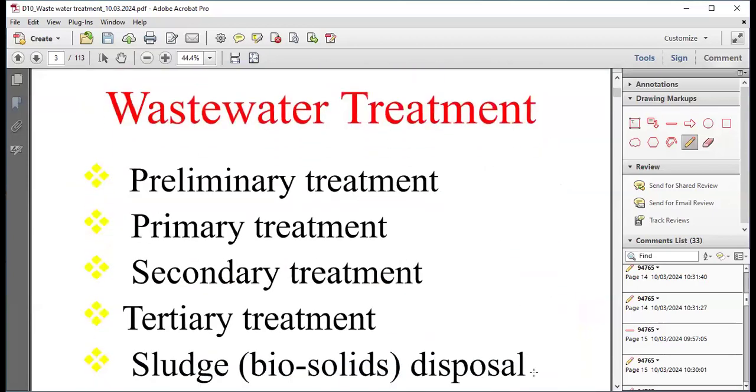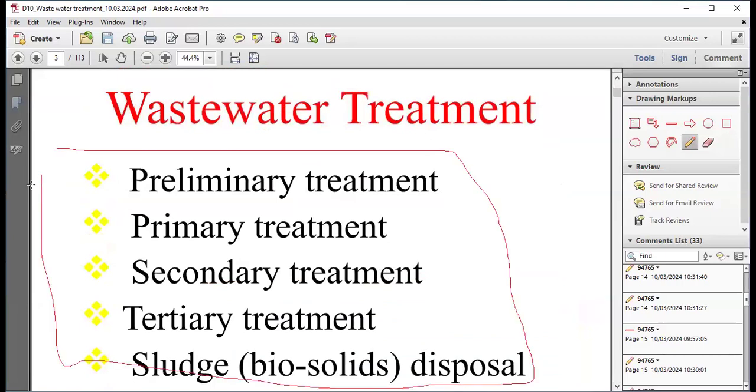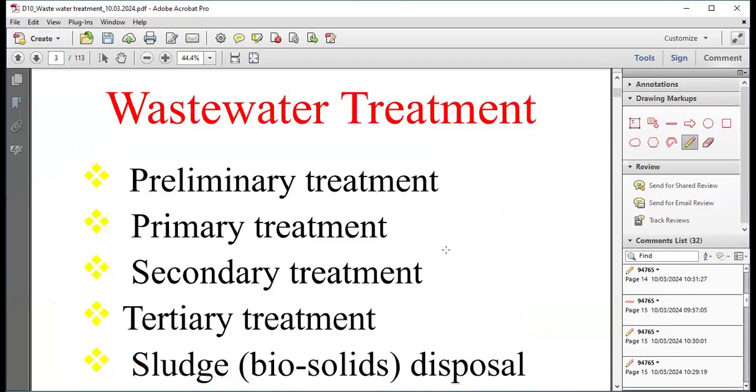These are the steps of wastewater treatment: preliminary treatment, primary treatment, secondary treatment, tertiary treatment, sludge and biosolids disposal.